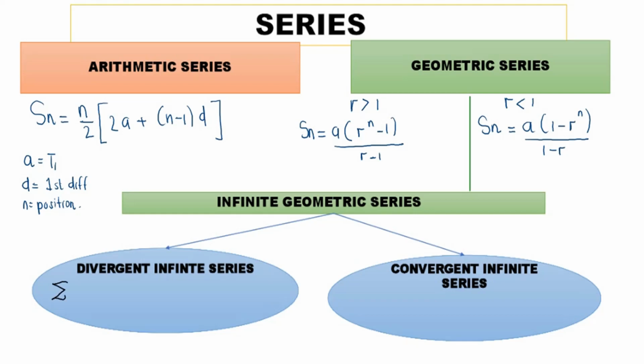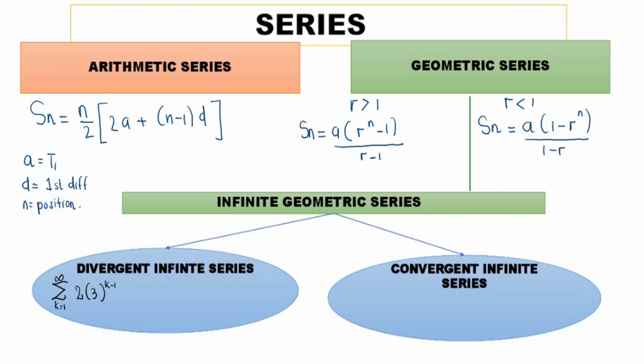So let's say they give us this infinite geometric series that starts at k equals 1, going all the way to k equals infinity. And the formula to get Tn for this infinite geometric series is given as 2 times 3 to the power of k minus 1. So I'm going to explain what I mean when I say that the sum of these terms will get bigger and bigger without any end.